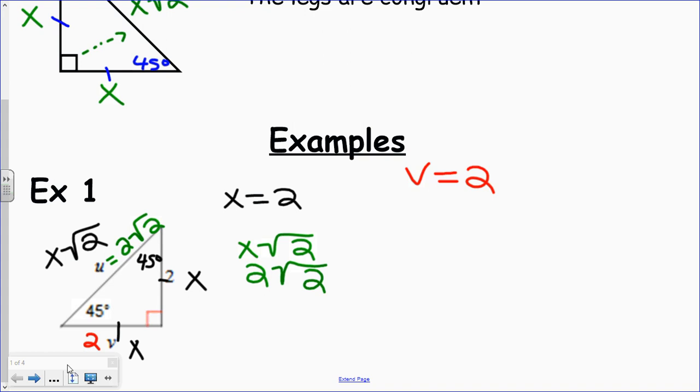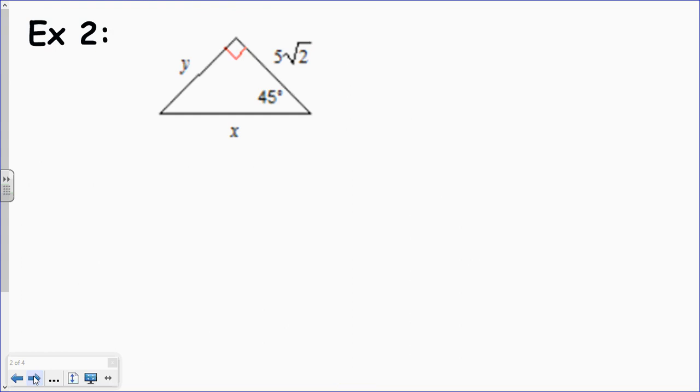All right, so let's try another example. Example 2. We have a 45-degree angle written, and then we have a 90-degree angle. So we should be clear that this is a 45, 45, 90 triangle. And because of that, we know that these are the two sides that are congruent. And so then we should be able to find all the missing sides.